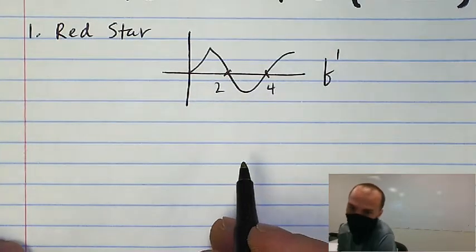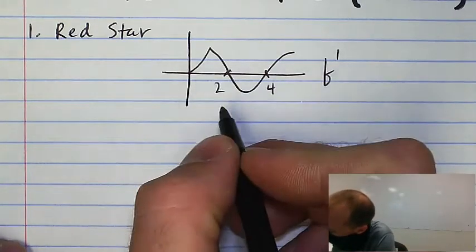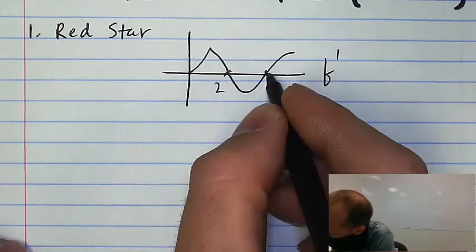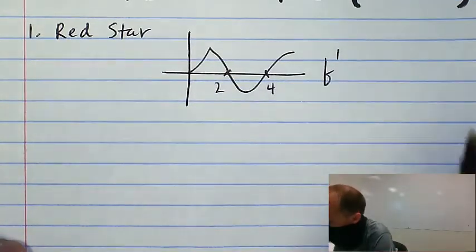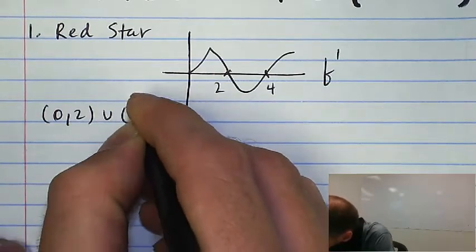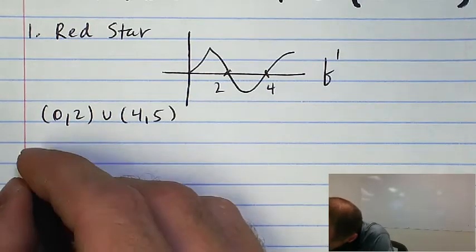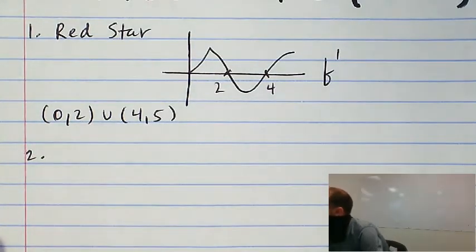And this is pretty much a best case scenario, right? Because we know f increasing means f prime is positive. So I'm going to say f prime is positive from 0 to 2, and from 4 to this ends at 5. Okay, so 0 to 2 union 4 to 5. Okay, that one's pretty nice. I like that. Always got to get you started off with a pretty good one.